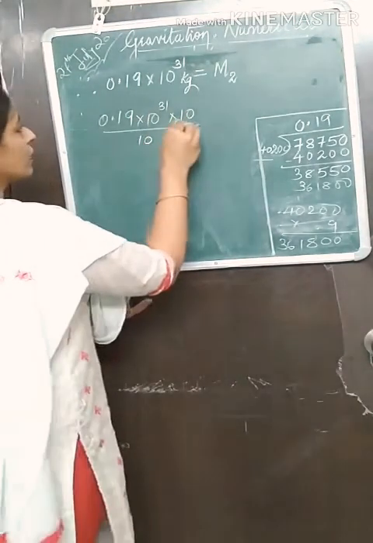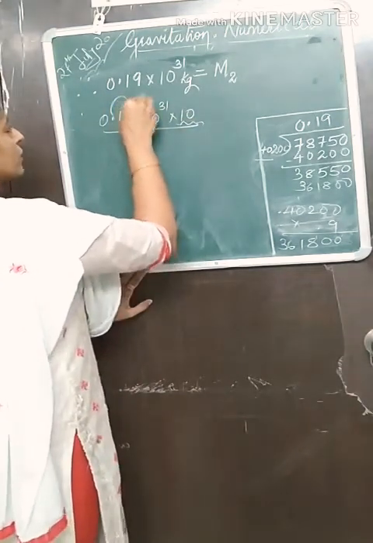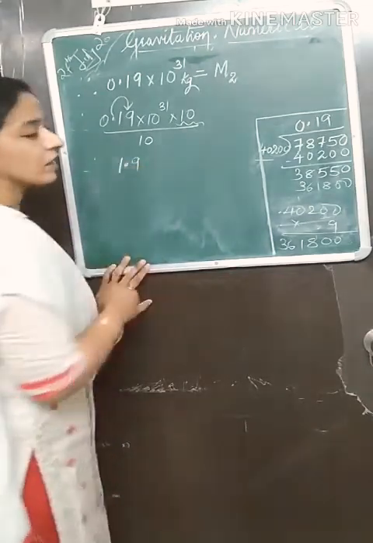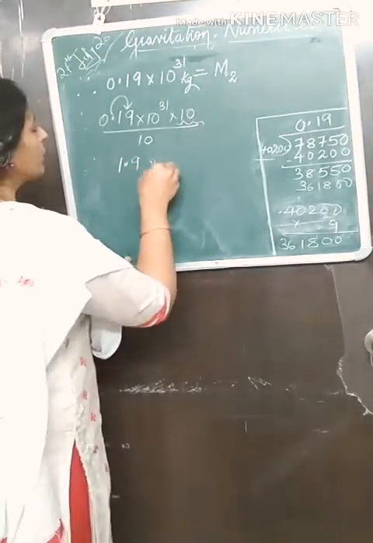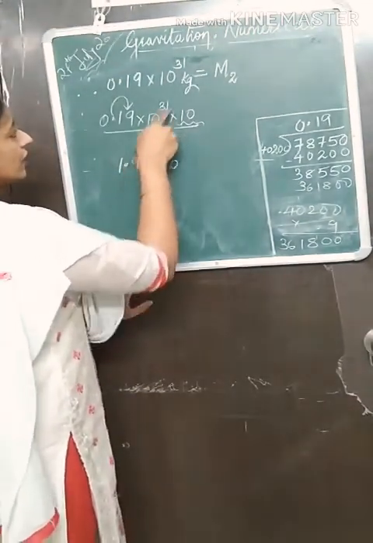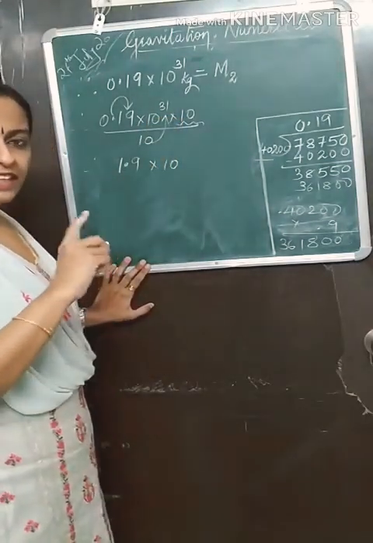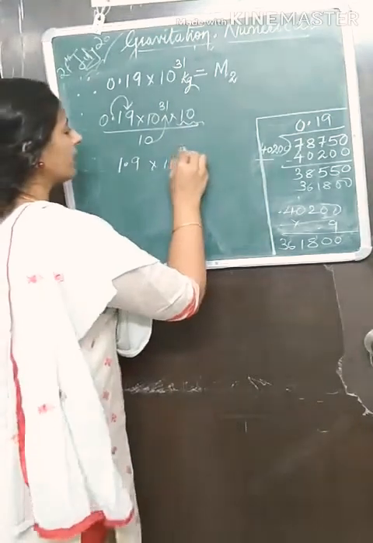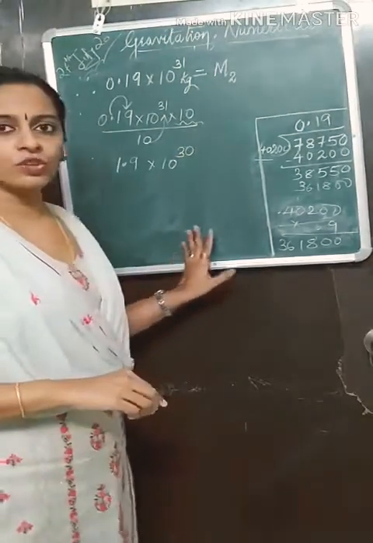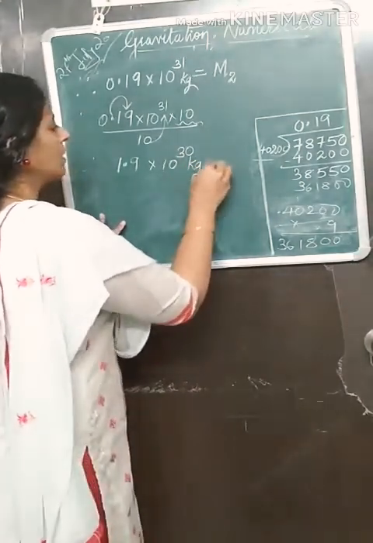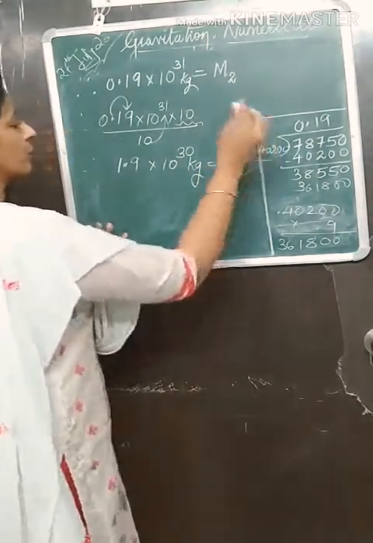So because of this, the decimal point will be shifted. Therefore, we get 1.9 into 10 raised to, now this 31 and 10, this 10 goes up, so 31 minus 1, we will write 10 raised to 30. This is mass, so kilogram is equal to m2.